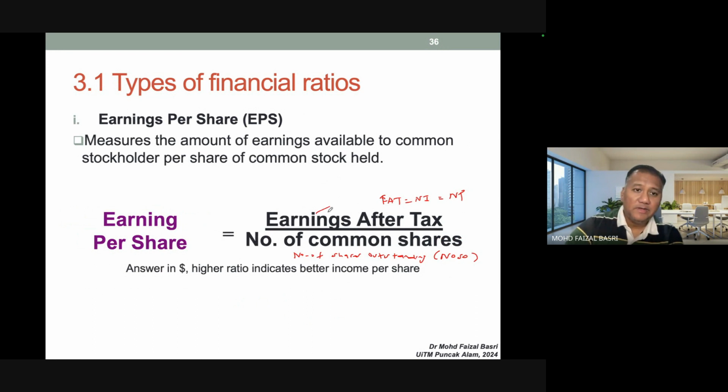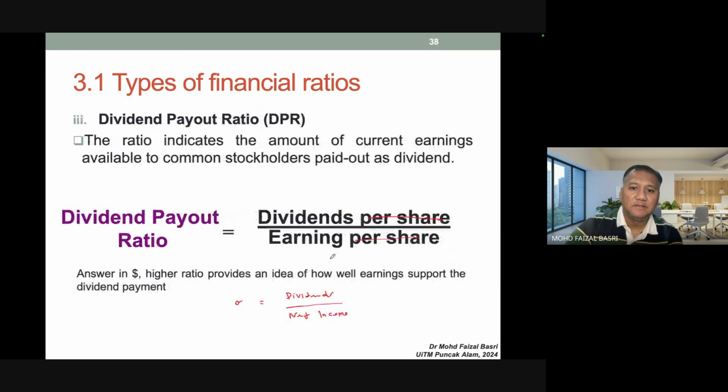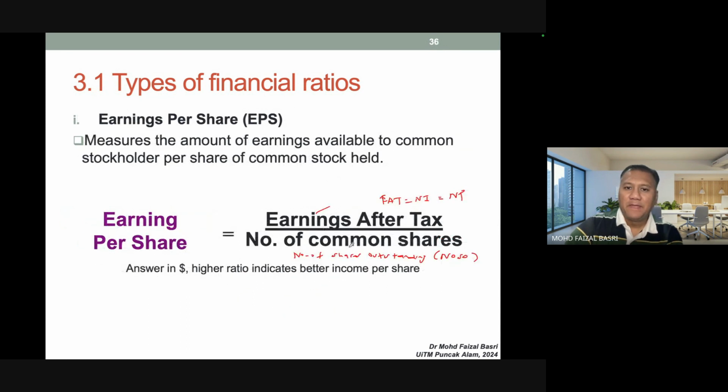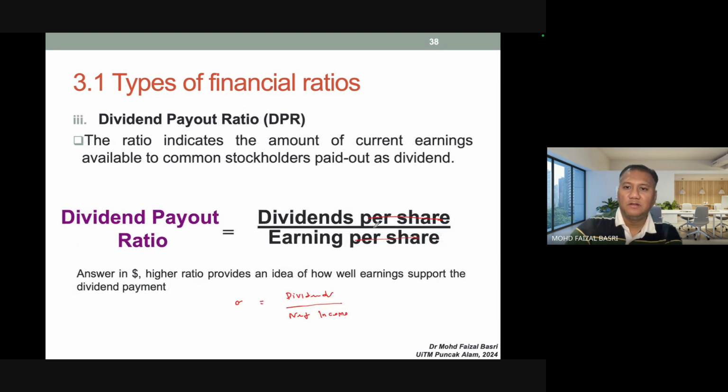Without dividing the number of shares, sebab the numerator yang sama, the denominator yang sama, NOSO dua-dua, so we knock both off. So alternatively kita boleh guna formula ni sahaja, dividend divided by net income.